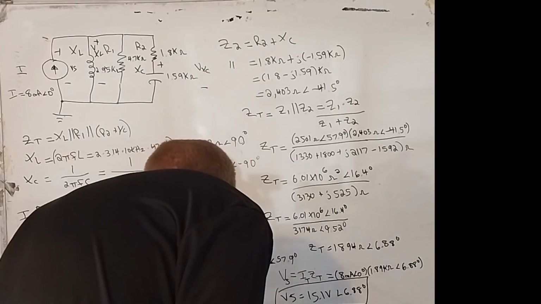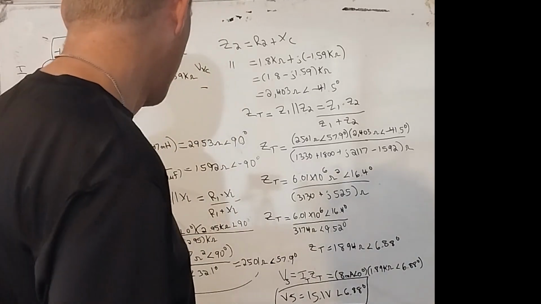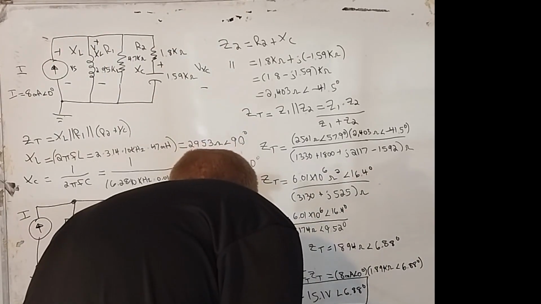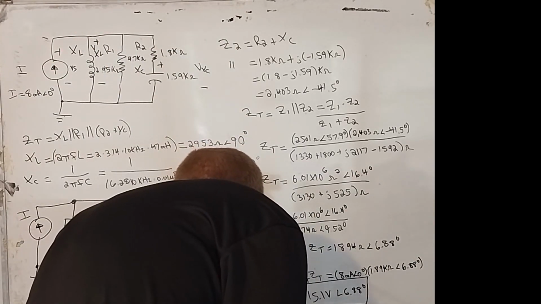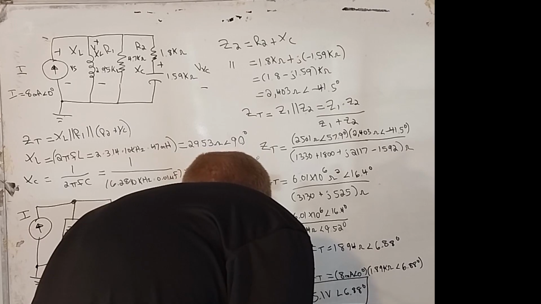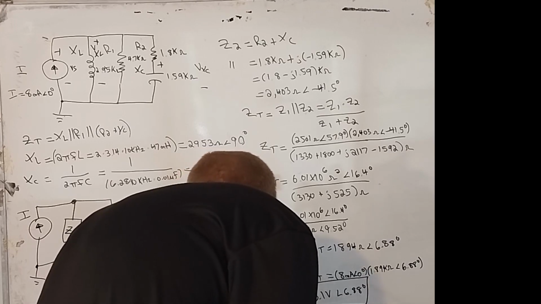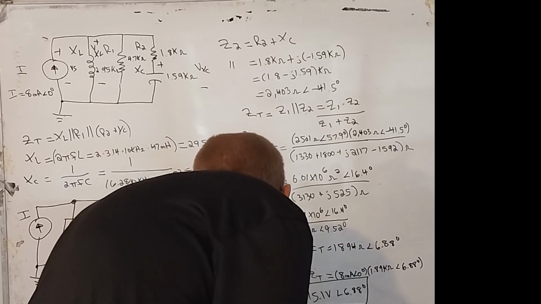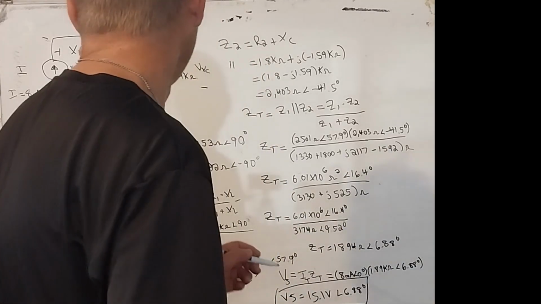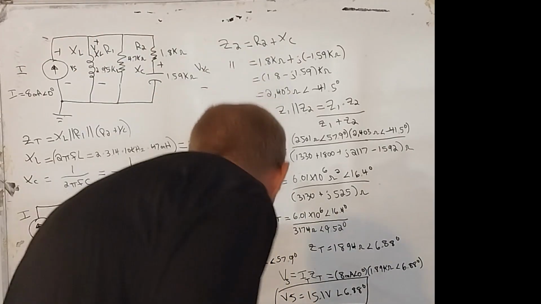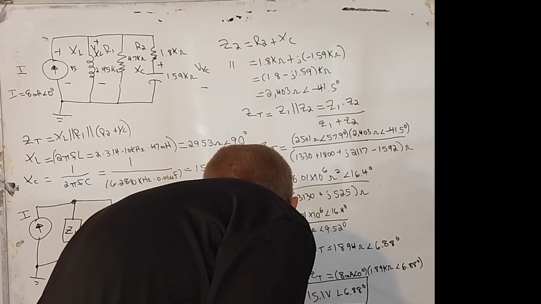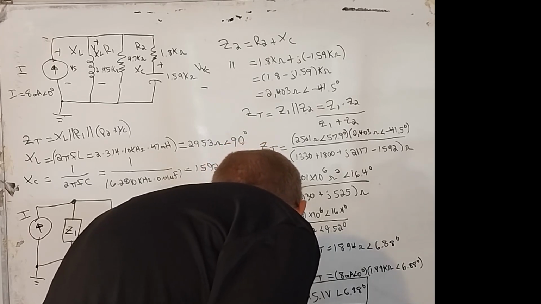So V X of C is going to be equal to the source voltage, which is 15.1 volts at an angle of 6.88 degrees, times X of C. X of C, we calculated earlier, it's 1592 at an angle of negative 90 degrees.